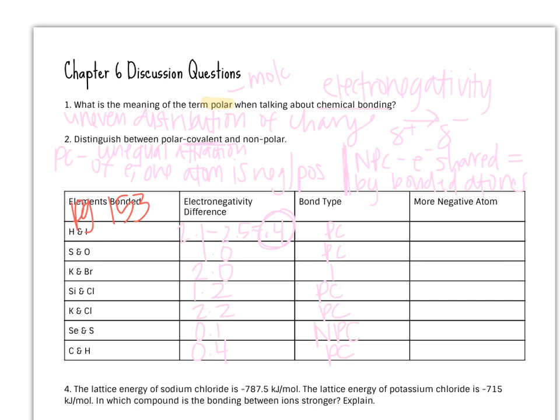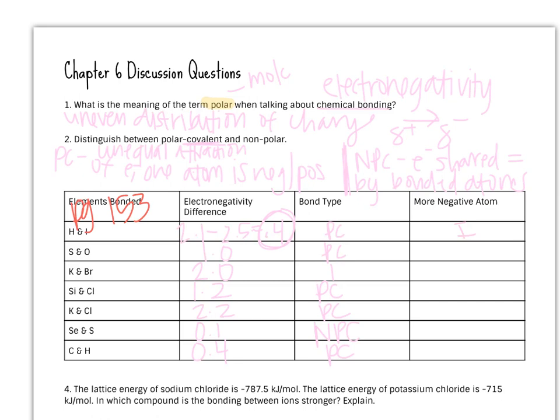And then to figure out the more negative atom, we can use the chart again, or just use our trend in the periodic table. Remember, if we're looking at the periodic table, the trend increases going that way. Looking at hydrogen and iodine, we shouldn't even have to consult the chart, because it's going to be iodine.